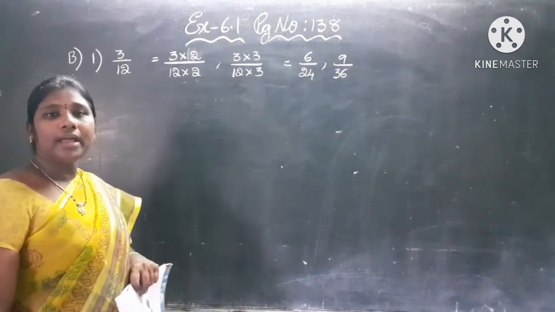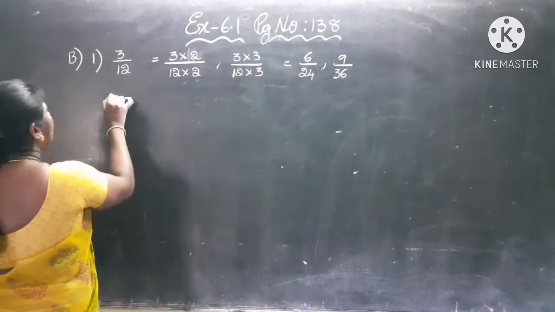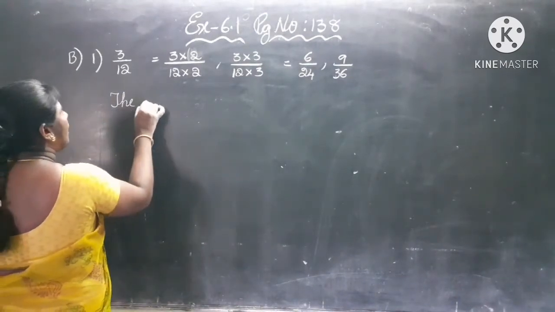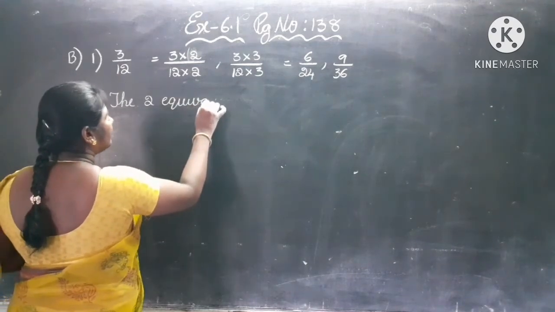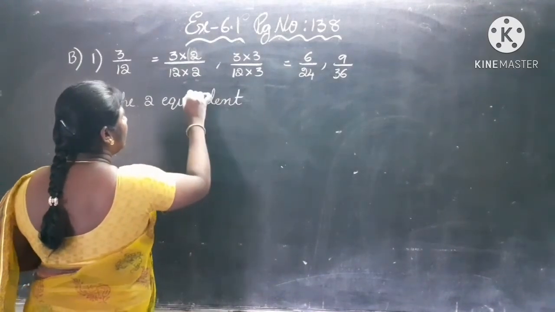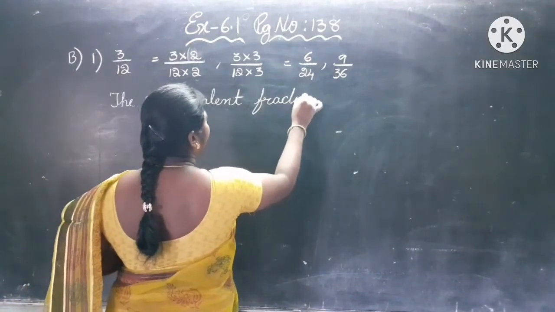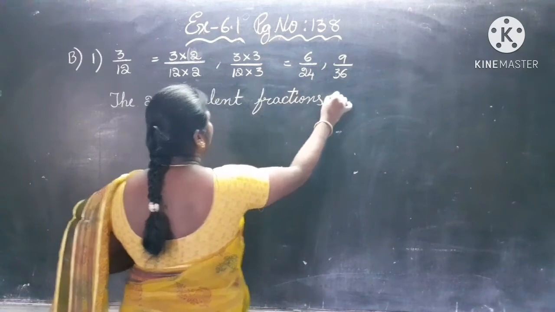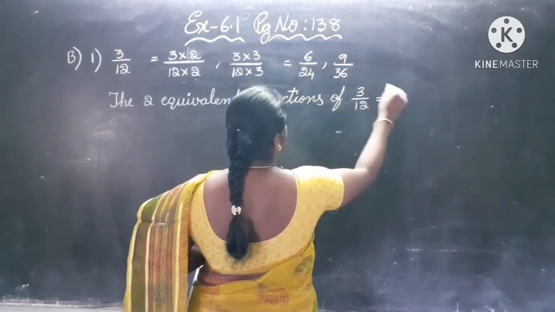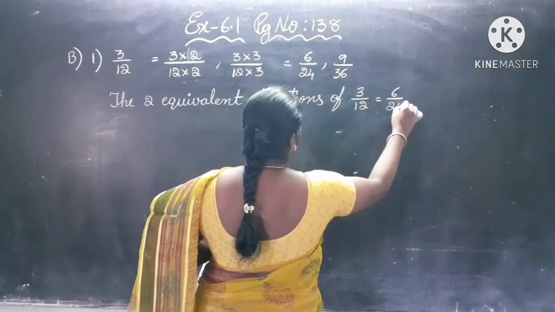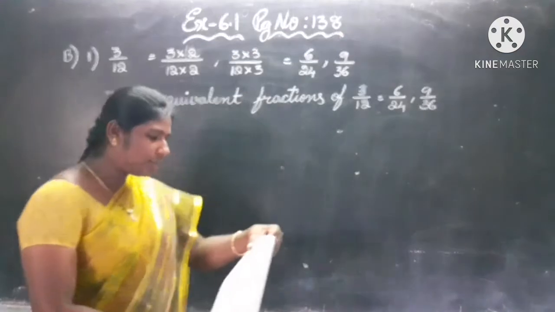So the two equivalent fractions of 3 by 12 are 6 by 24, comma 9 by 36. Okay, do the remaining one.